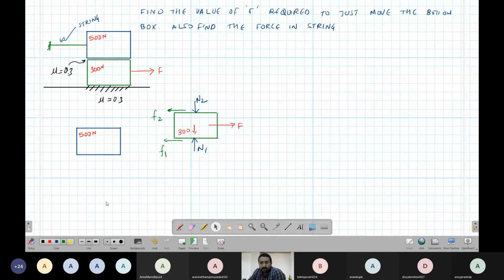Now, let us see how you calculate that. Two things you should remember. One, the body will move only if the friction force at both contacts is overcome. Okay, so that means the friction force of this should be maximum, friction force of this also should be maximum. That is one thing. And this body should be at rest. Those are the two things that you should consider.